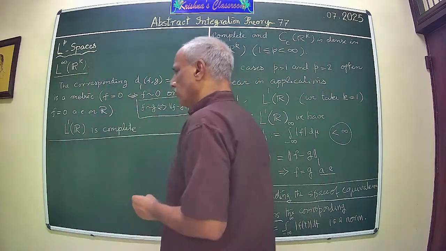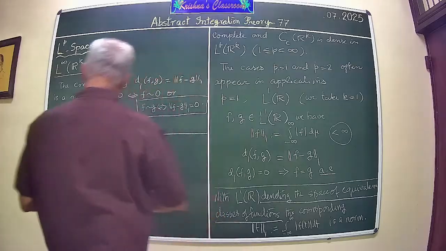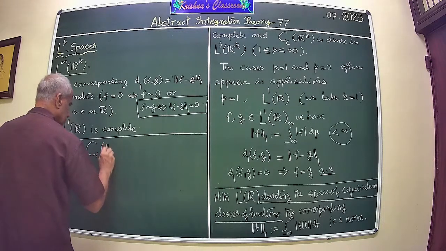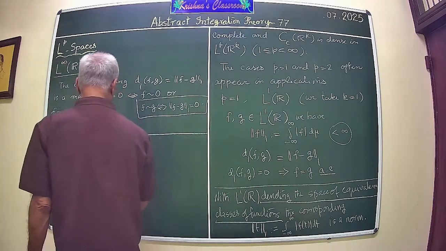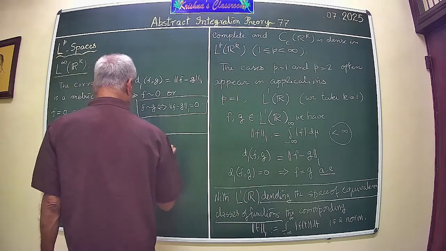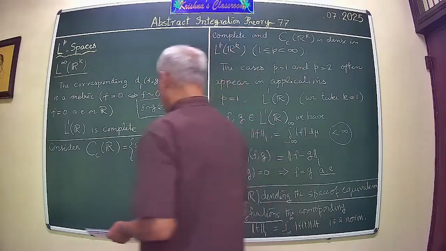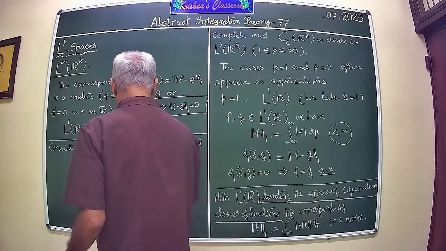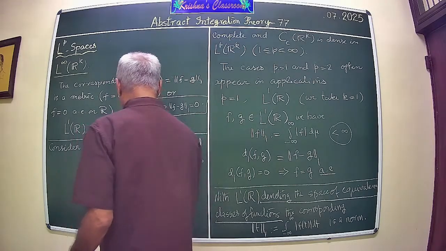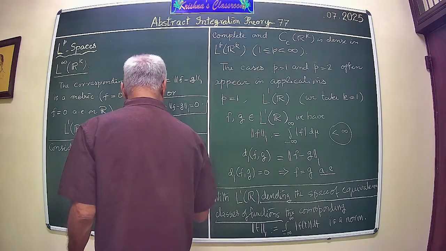Now, what more you can prove is this. Now you take C_c(R), which consists of complex valued continuous functions with compact support.